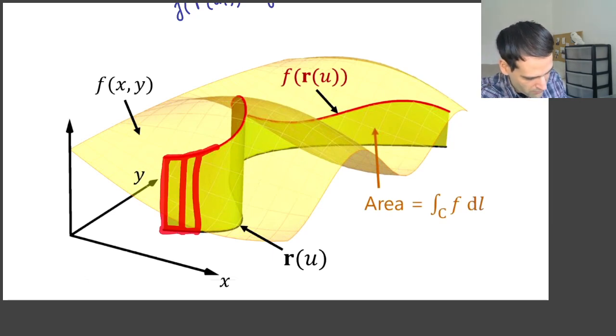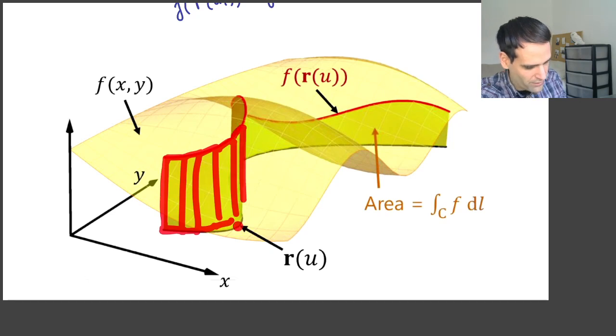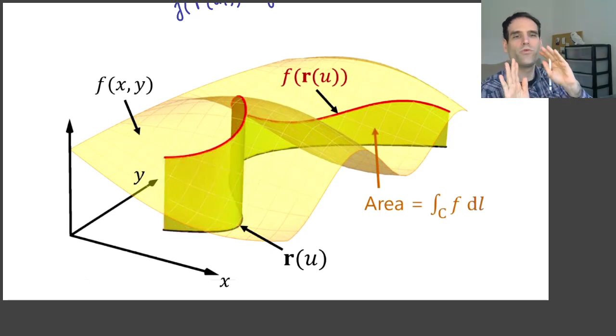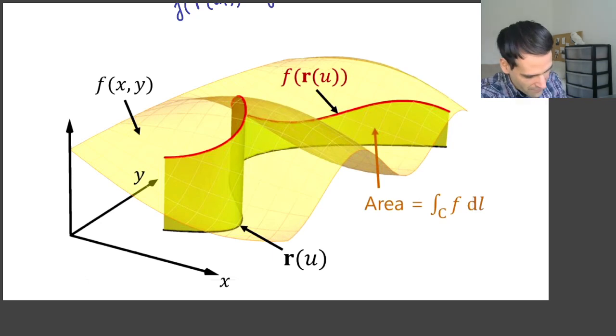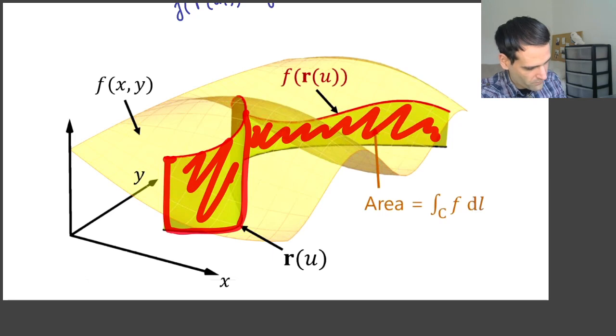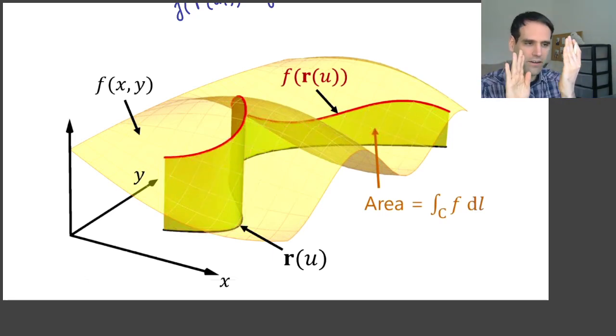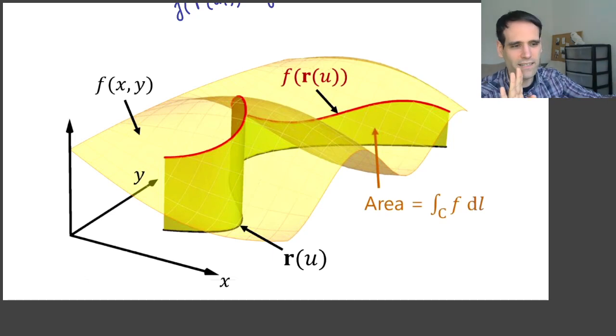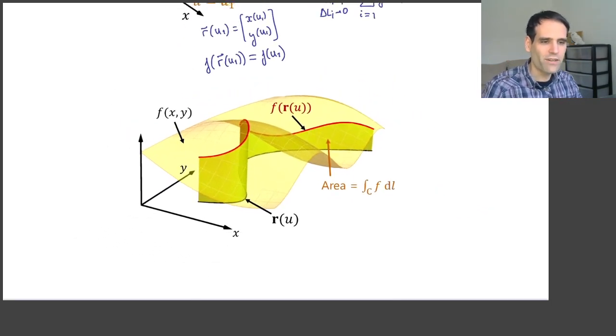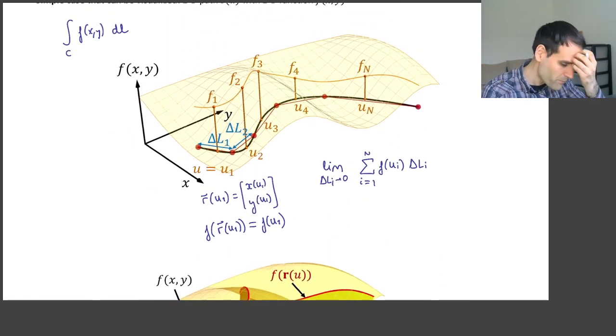I do many rectangles, and in the limit, when I do infinitely many rectangles, this becomes smooth. It's no longer made out of rectangles, because we are taking a limit. Therefore, the area of all this region, which is like a curved surface, is equal to the integral of f dl. That was a very hand-wavy explanation, and I'm sorry for that. I don't think I can do any better.